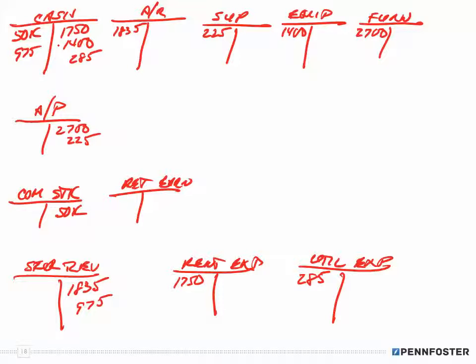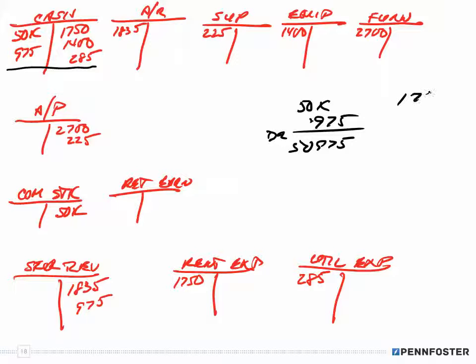So once we've posted those journal entries into our ledger accounts, now we create balances in the accounts. For our cash account, on the debit side we have 50,000 plus 975. So that gives me 50,975 on the debit side. On the credit side, I have 1750, 1400, and 285.